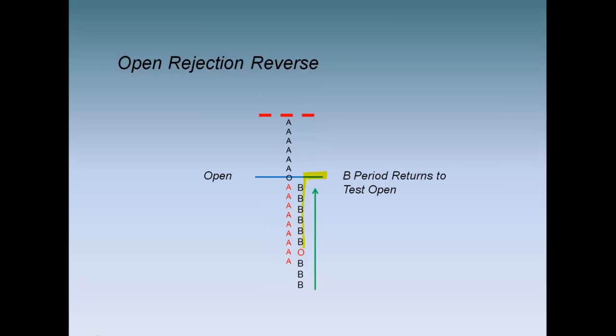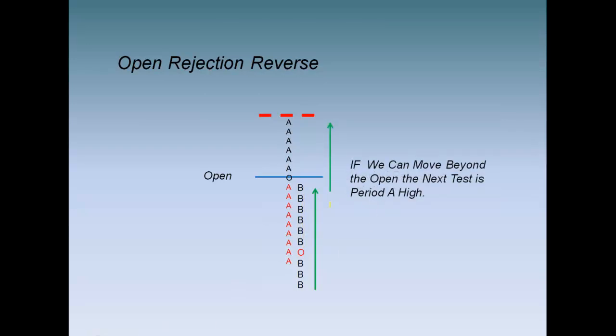here at the open is where I'm going to get my first clue as to what the day is likely to look like. Will the B period penetrate the open, or will it turn back around and reverse and take prices even lower? So when the B period returns to the open, we need to be attentive as to what is going to happen.